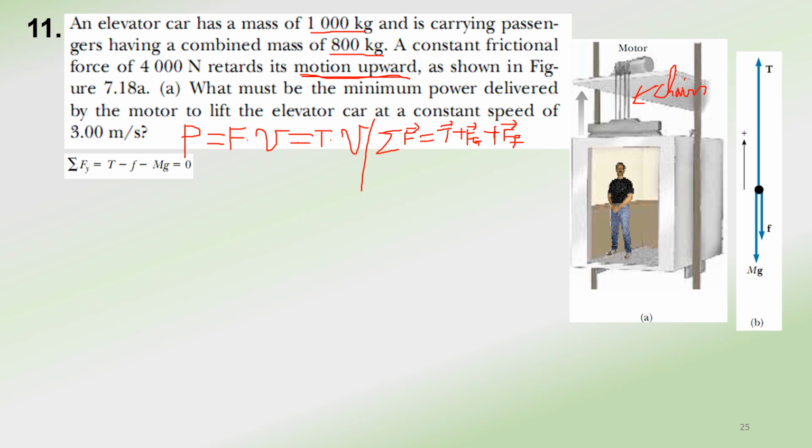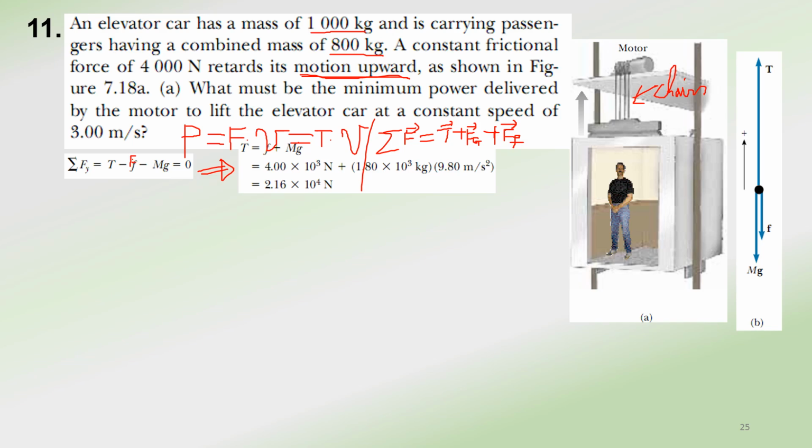The elevator is moving upward, so the tension is positive. The friction force is negative, minus the force of gravity, which is also negative because it is oriented downward. Then the tension force will be equal to the friction force plus the force of gravity.